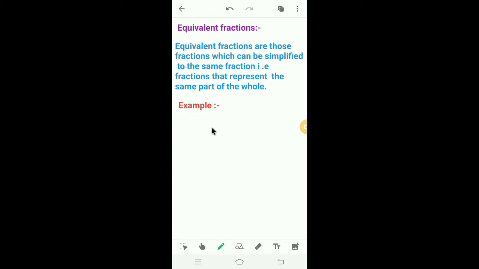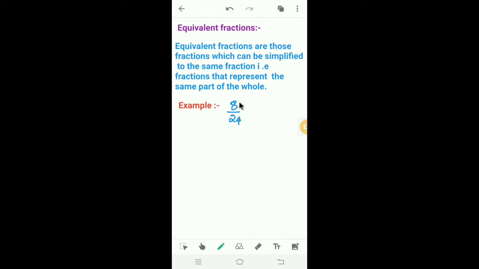by the same number. For example, consider the fraction 8 by 24. Here the denominator is 24. 24 is divisible by the numerator. Yes.